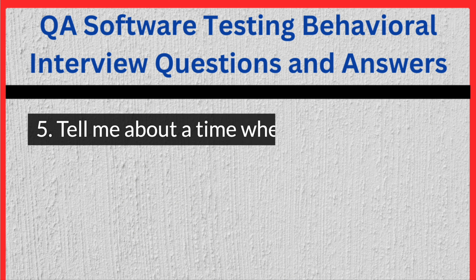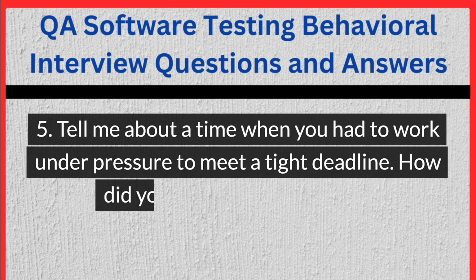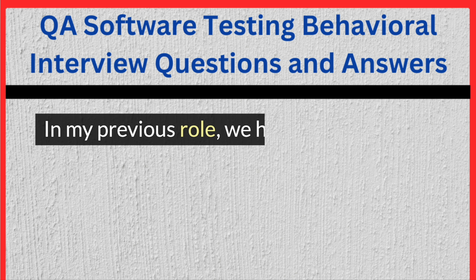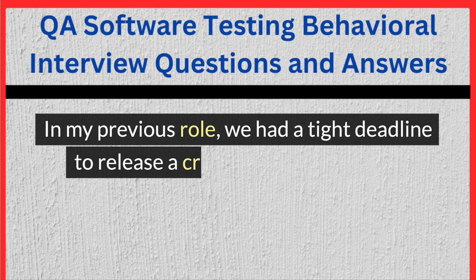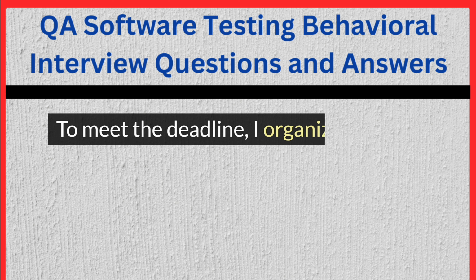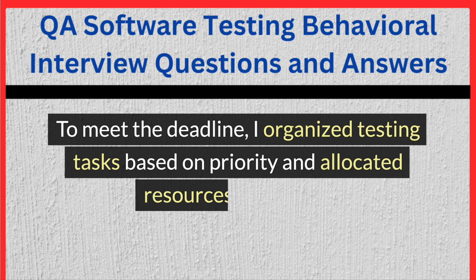5. Tell me about a time when you had to work under pressure to meet a tight deadline. How did you manage the situation? In my previous role, we had a tight deadline to release a critical software update. To meet the deadline, I organized testing tasks based on priority and allocated resources efficiently.